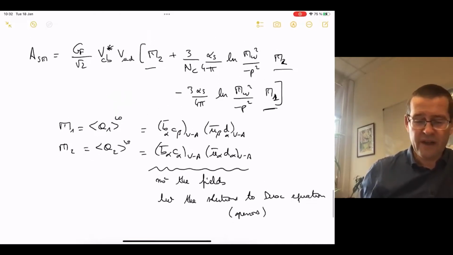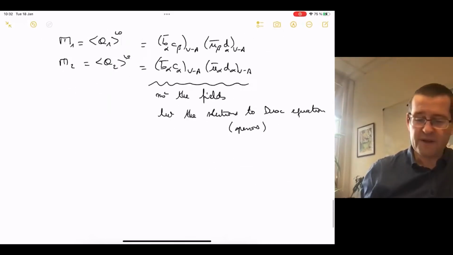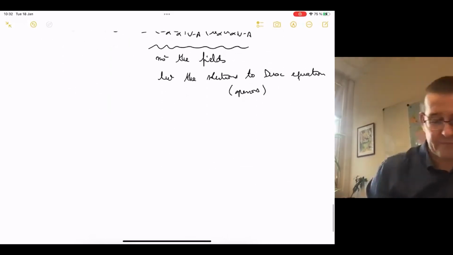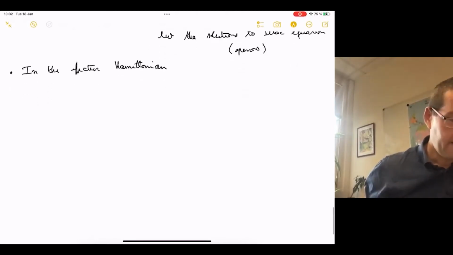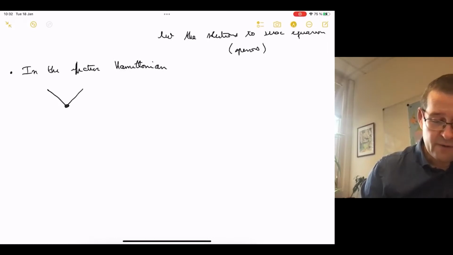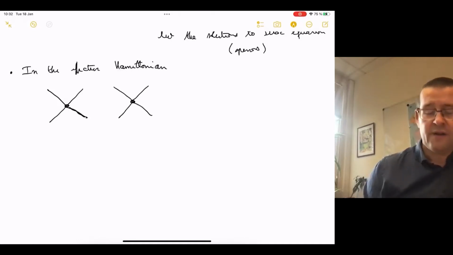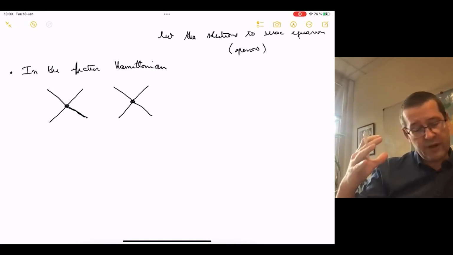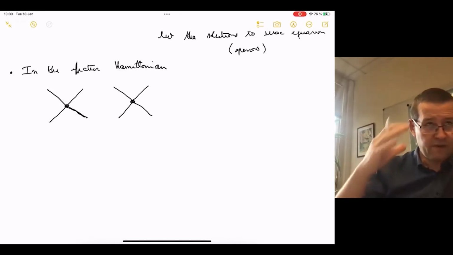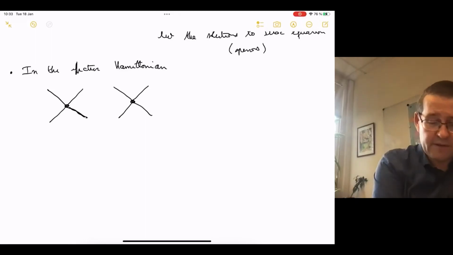Now the question is, what's going on when you're considering the effective Hamiltonian? In the effective Hamiltonian, you can compute similarly. You can compute what would happen if you just consider the operator Q2 sandwiched between the external states made of quarks.